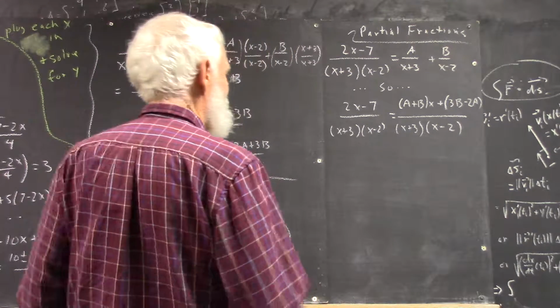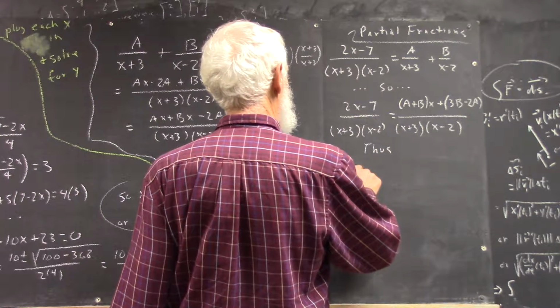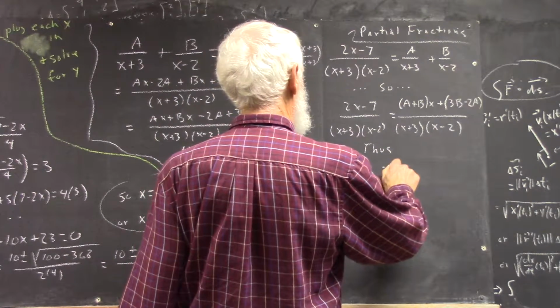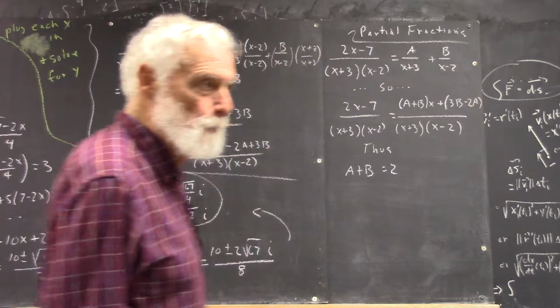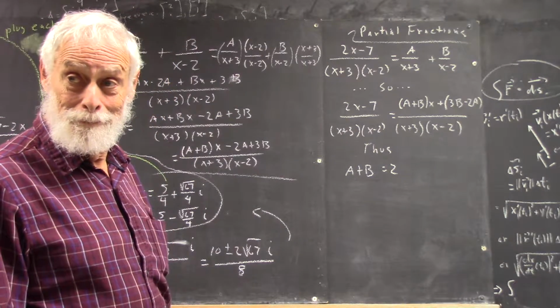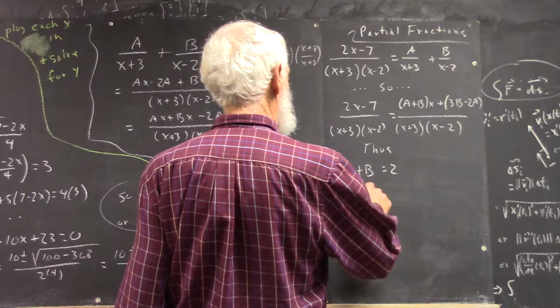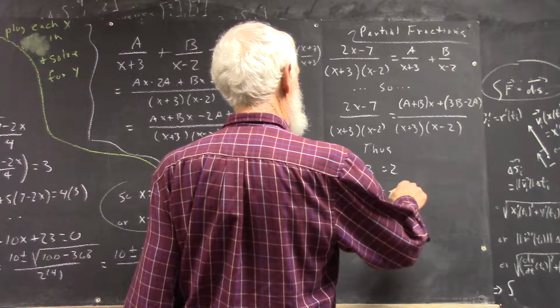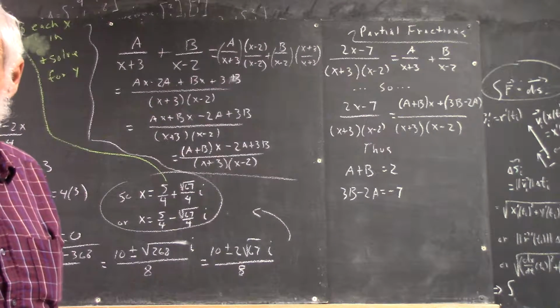Yeah. And what do you think 3b minus 2a is going to have to equal? Negative 7, right? Okay. That makes sense?